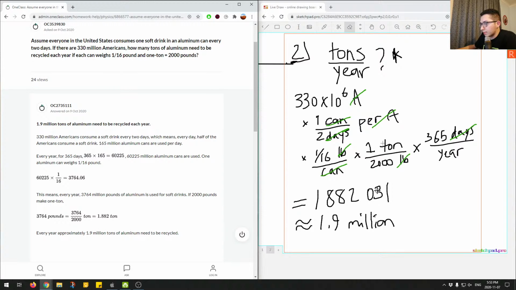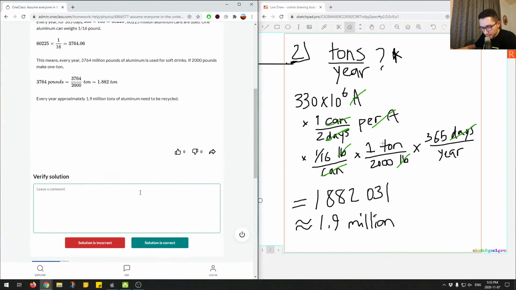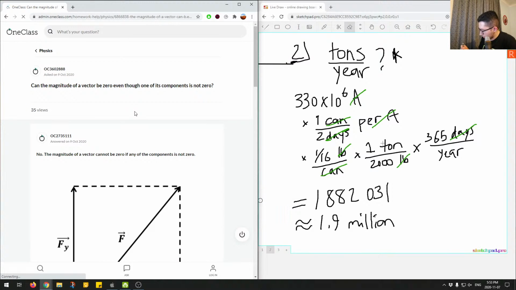That's what we do over here. So we did this all in one step, just to lay out all the conversion factors and multiply through. This is a step-by-step calculation to get to the same answer. So there's multiple ways to get to the same answer. So correct answer. Great job. And we'll mark this as correct. Let's move on to question number 3.